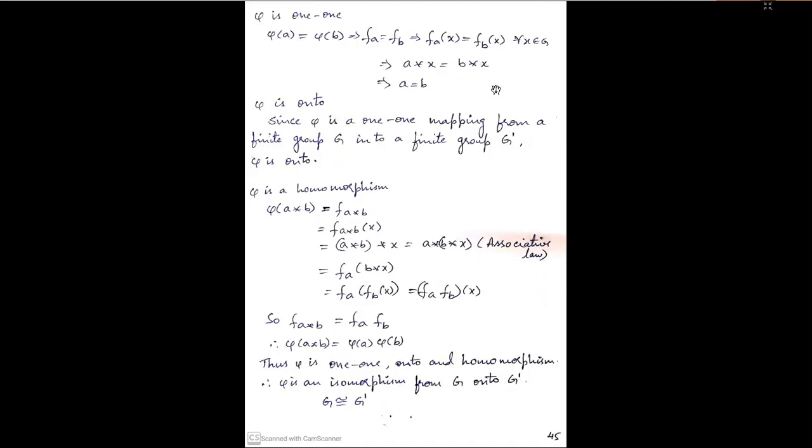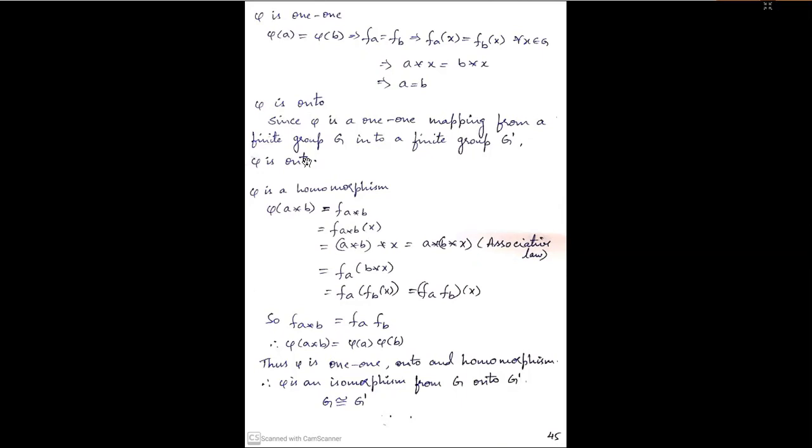By the right cancellation law, we have a = b. Since phi is 1-1, and both G and G' are of the same order, we can conclude that phi is also onto.